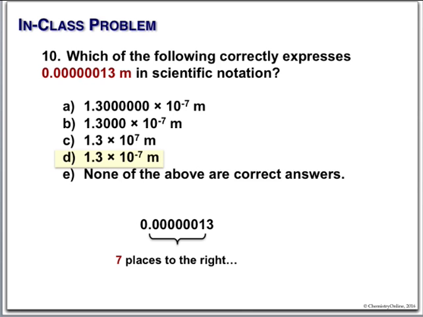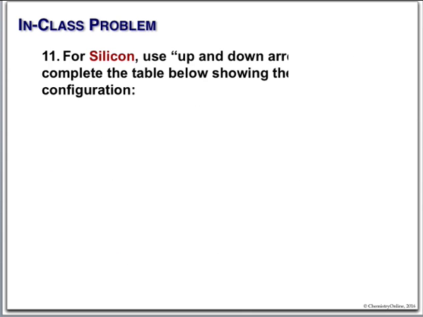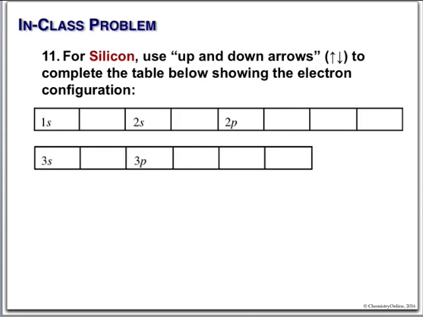All right, let's talk about electrons. Silicon. Use up, down arrows to complete the table for the electron configuration. All right, step 1.